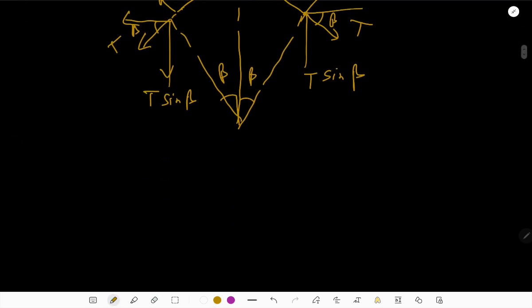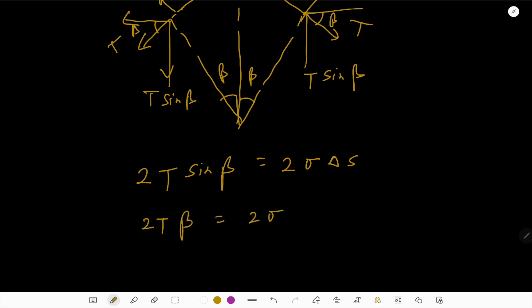And the next statement you are going to write for the equilibrium of the part of the thread is 2T sine beta will be equal to 2 sigma delta s. And sine beta is quite small, so you can write 2T beta equals twice sigma.